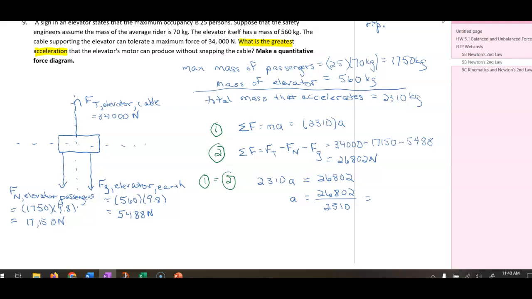I have a math error here. Let me go back. I'm so sorry. This 34,000 minus 17,150 minus 5488 is actually 11,362 newtons. So I had a fat finger in my calculator. So let me replace this value.